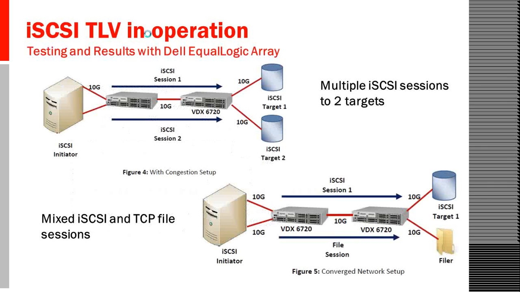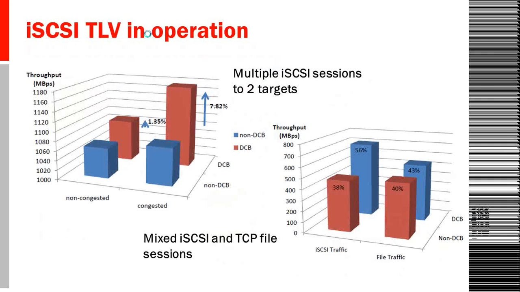So again, there, an iSCSI session, an iSCSI target to an iSCSI target, but something like a normal FTP transfer, whatever, in non-lossless traffic over to a normal filer.